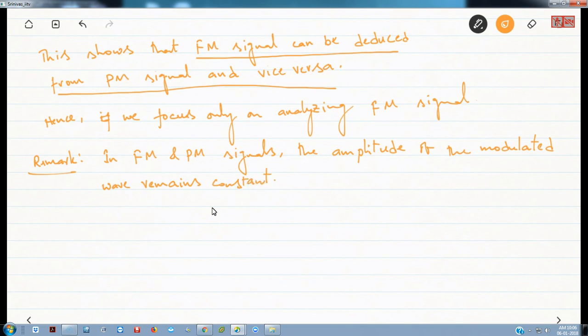Is that right? See, if you recall those equations, the A_c cos 2 pi f_c t, so that A_c is remaining constant. So the amplitude is not changing with time. So the amplitude is constant. Whereas in amplitude modulated signals, the amplitude changes with time.